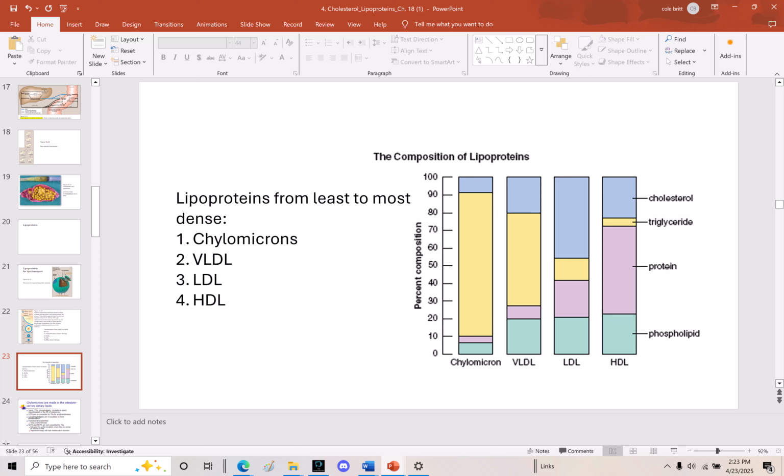And that's why they have different levels of density. The reason HDLs are the most dense is because their high amount of protein is what makes them dense. But they also have cholesterol and triglycerides and phospholipids and all that.